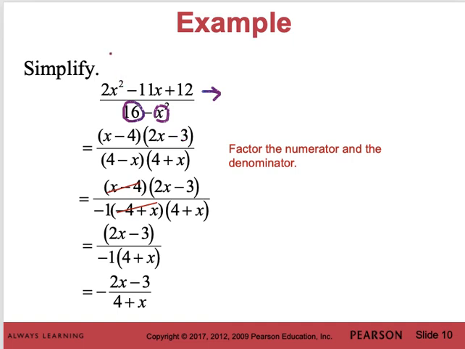So this is where we're looking for factors of 2. It would be 2 times 1. So that's why there's this 1x here. And negative 4 times negative 3 equals positive 12. And then we can check our center term by using our FOIL method, but just going with the outside factors and the inside factors, because those are the ones that would multiply to give us a value with an x in it, and that's what our center value has.